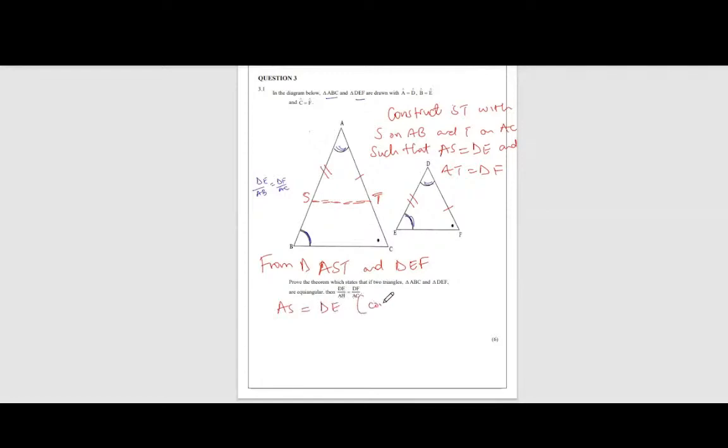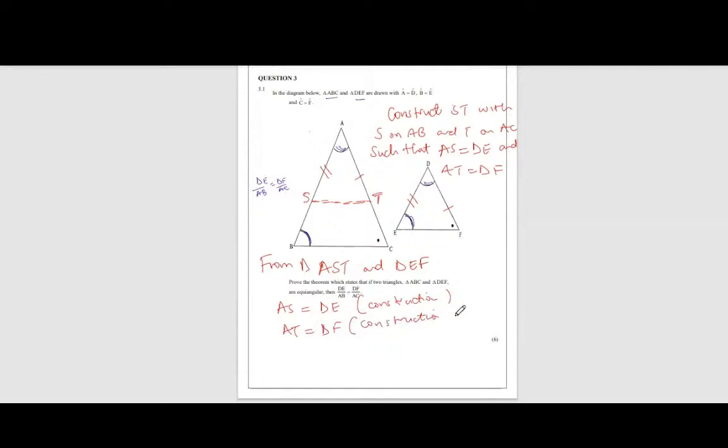The reason we give is that we did the construction. Then the same applies to AT being the same as DF, through construction.